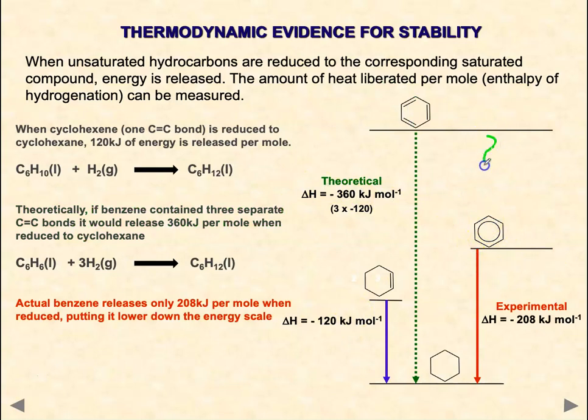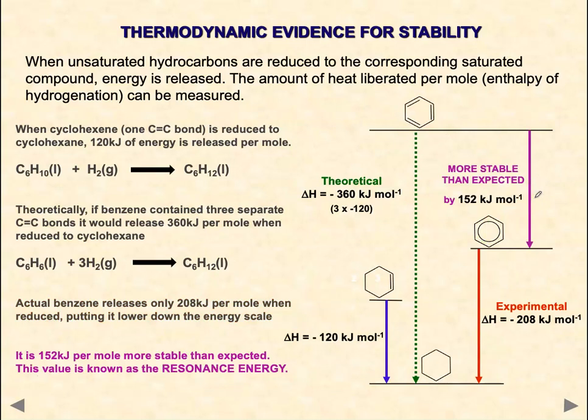So you can see now benzene is more stable than the hypothetical cyclohexatriene by 152 kilojoules per mole. And this stability is something we will explain now. That slide just explains this, and it is worth 4 marks in an exam.